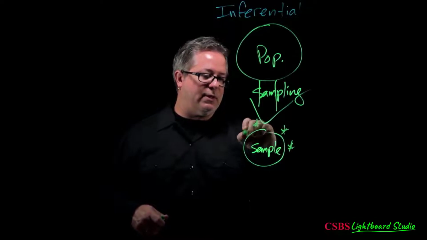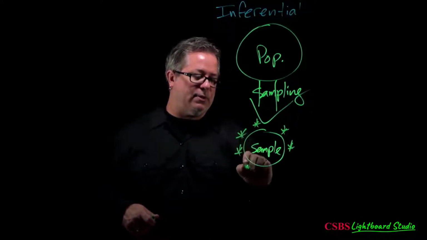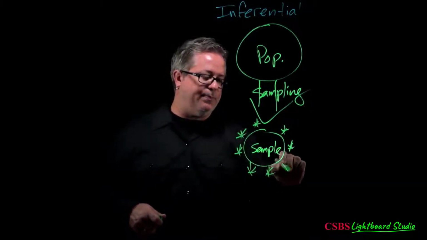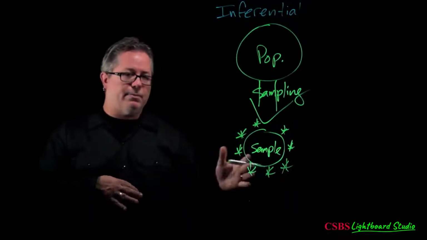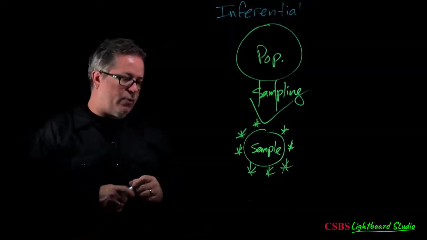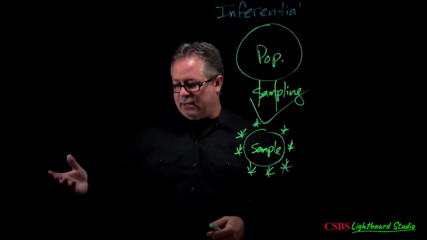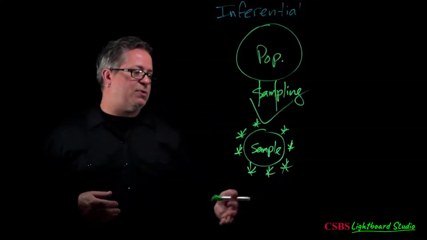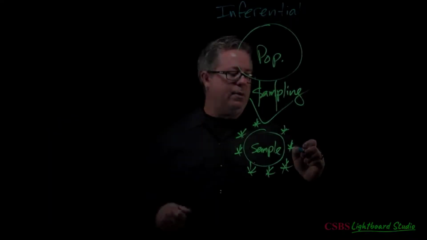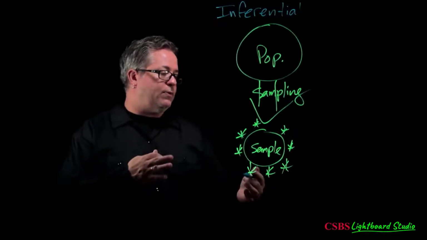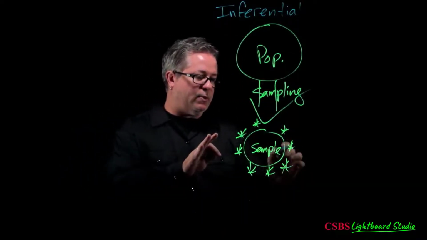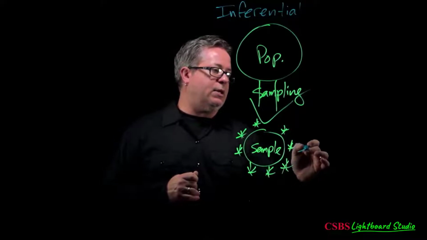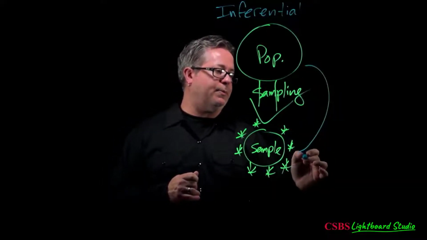We do everything with our sample. We manipulate them. We split them up into groups. We do stuff to one group and not the other group. We have placebo groups and treatment groups. All this stuff happens down here. So the whole point of doing all this and messing around with the sample is so that we can then go back this way. Much better.